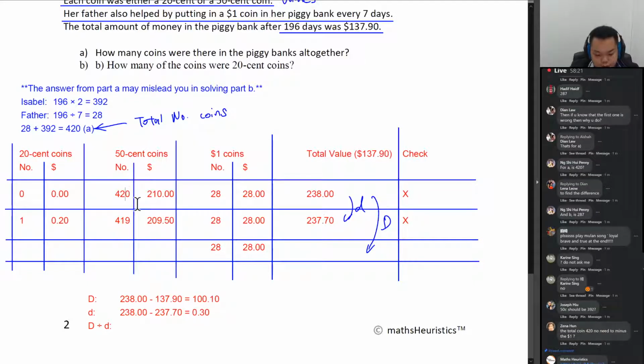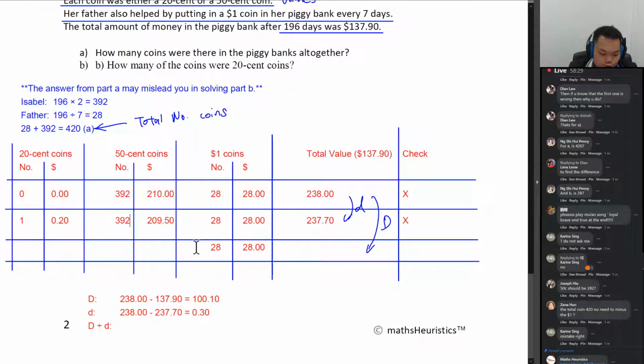Oh, no. Okay, here, this one should be 392. This one should be 392. And this one is going to be 391. Okay, so 392 times 0.5 gives you 196.